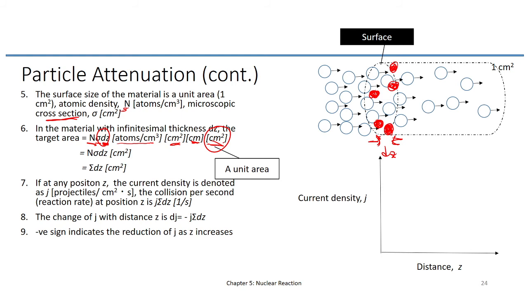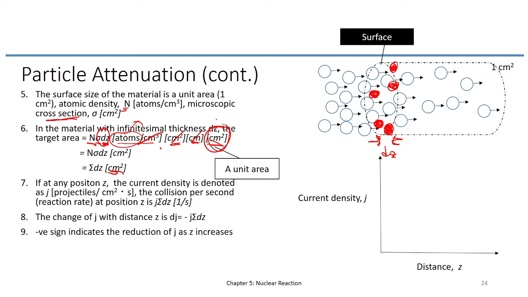If you try to cancel the units, atom is unitless, so you can neglect the atom. At the end, this one will be eliminated by this one and this one, so you end up with square centimeter.